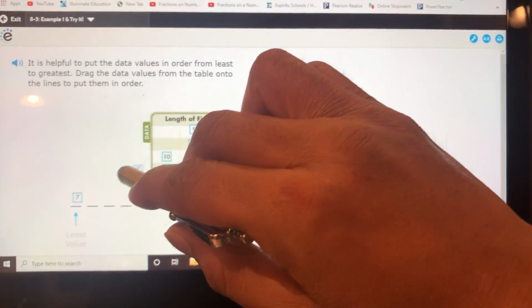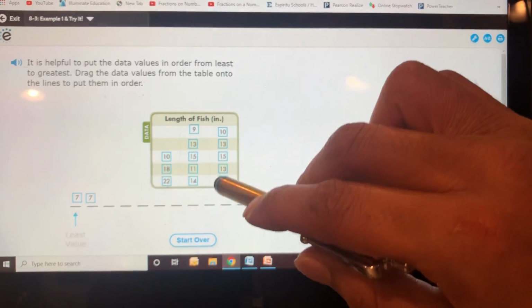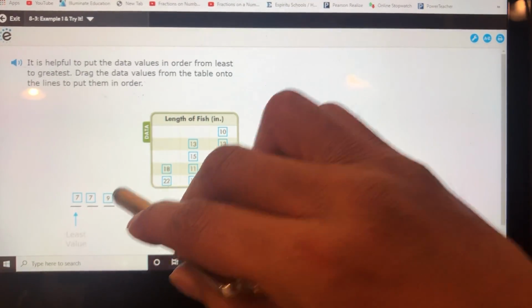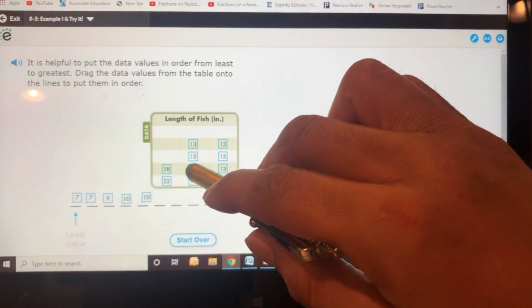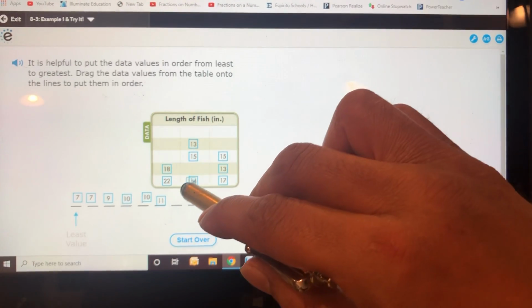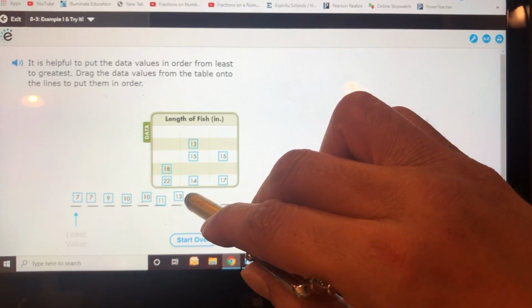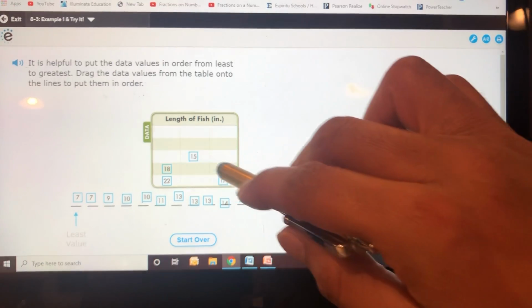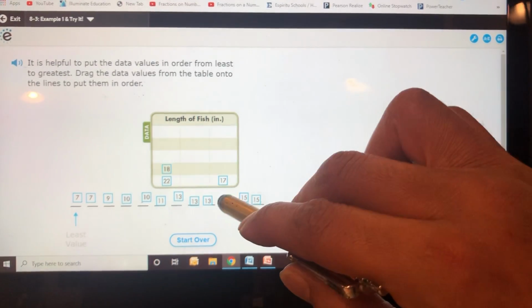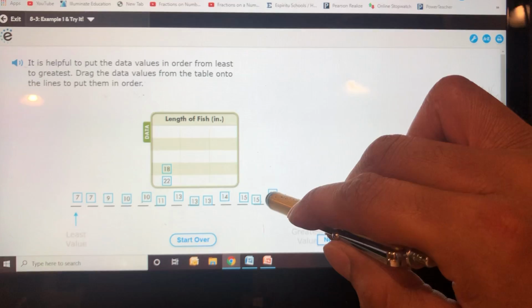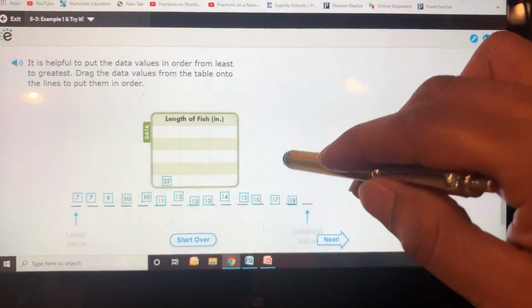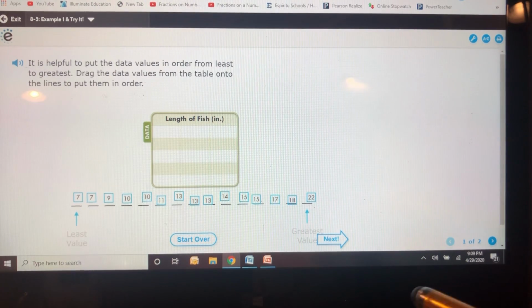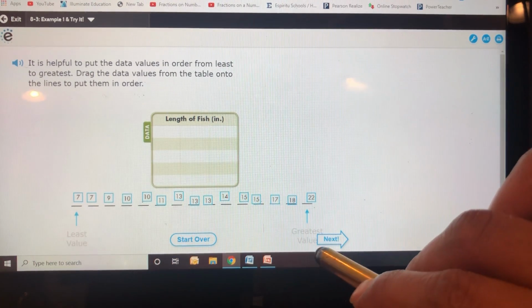I'm going to start with the least, the smallest number, which are 7s, and then I see a 9, and then a few 10s, an 11, 3 13s, a 14, 2 15s, 17, 18, and 22. So step 1 is to put your data set in order from least to greatest.